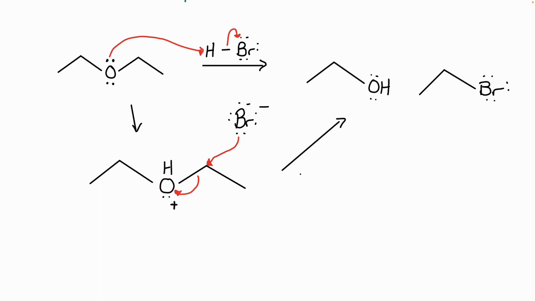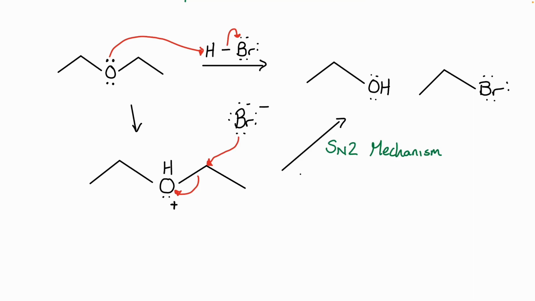Okay, and we're just going to note that this step here, after this protonation, is an SN2 mechanism. We talked about those last week, right? Really, they were a review from the first semester.